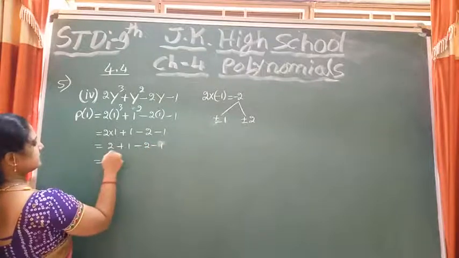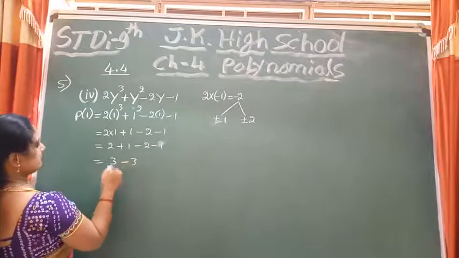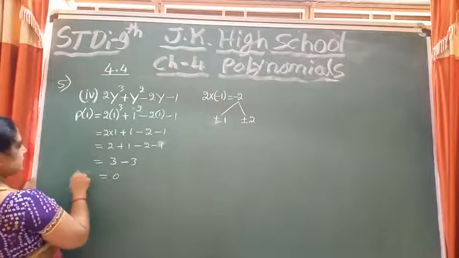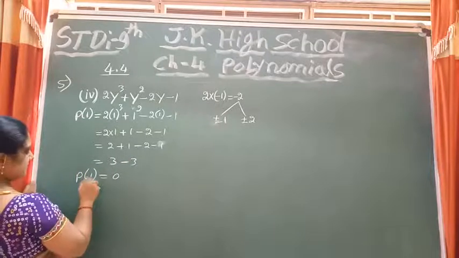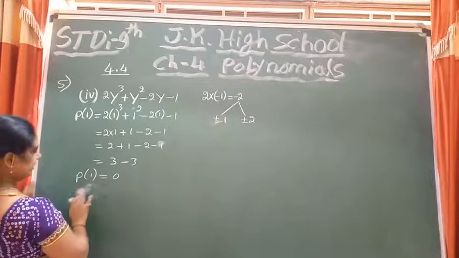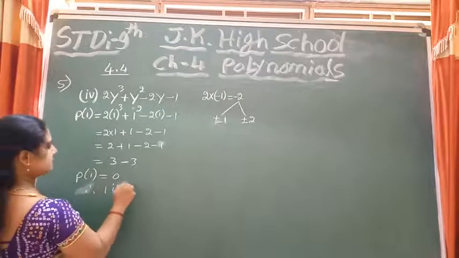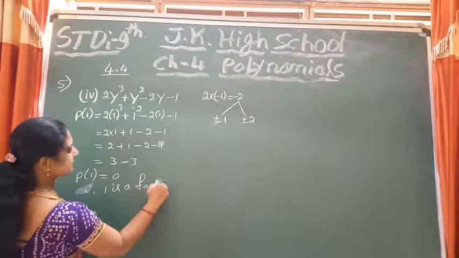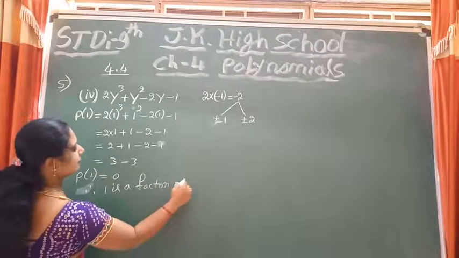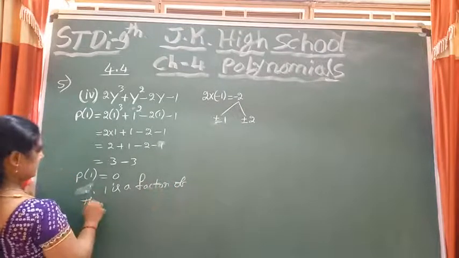So here it becomes plus plus, if I add plus 3 minus 3, 0, I got it. So P of 1 is 0 means 1 is a factor of this polynomial.